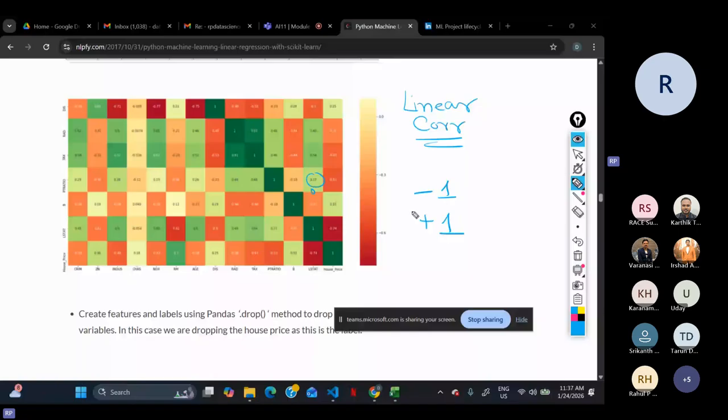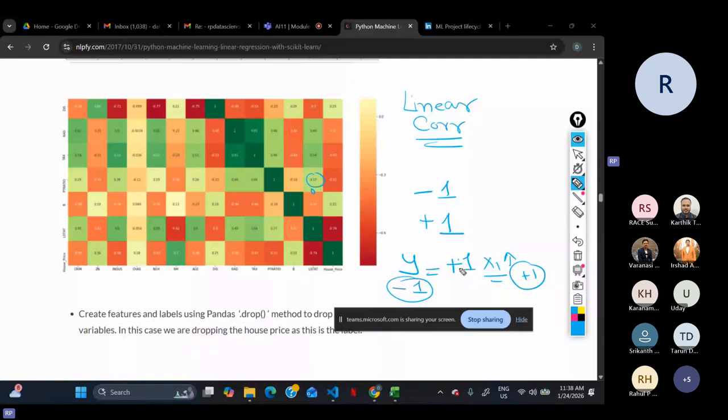So for example, what will the equation look like? You can be looking at y = -1 x1. If x1 goes up by 1 unit, y goes down by 1 unit. That's a perfect negative linear correlation. The other extreme is positive correlation. So instead of this coefficient being -1, this coefficient is now +1.